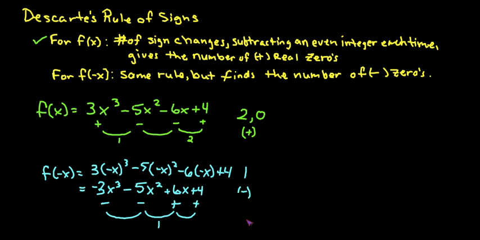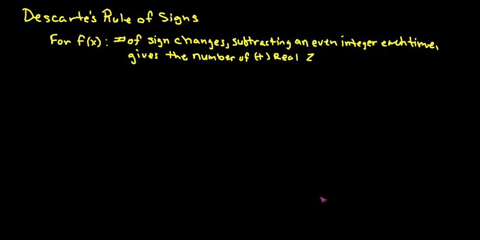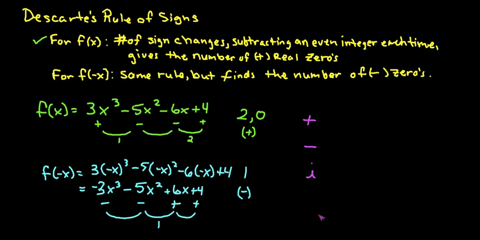Now we combine these two things because there's some combinations here that we have to deal with. So usually what I'll do is I'll make a chart like this. It'll say my positive zeros, my negative zeros, I'm going to throw in imaginary zeros because we still have to have a total of 3 every time, and then I'll put a total at the bottom.